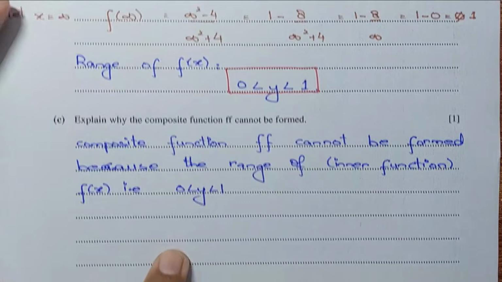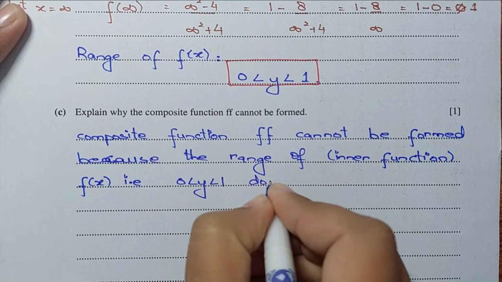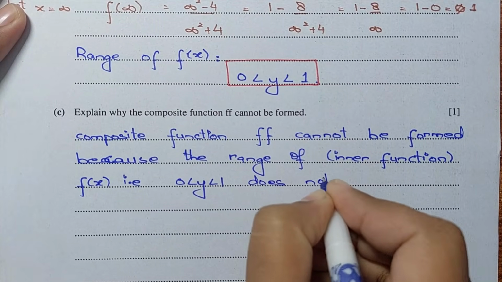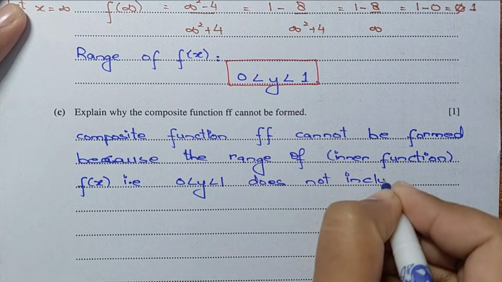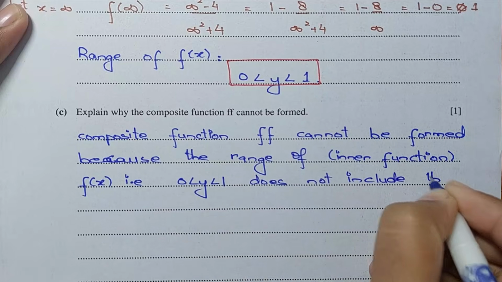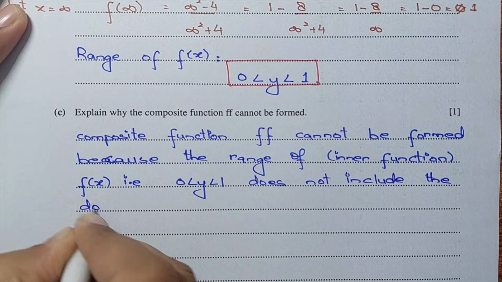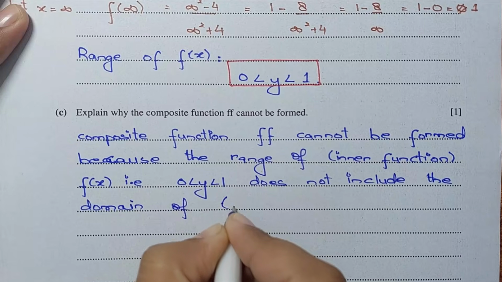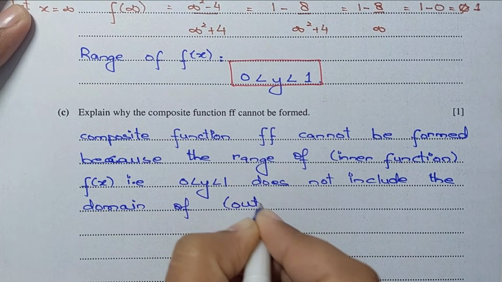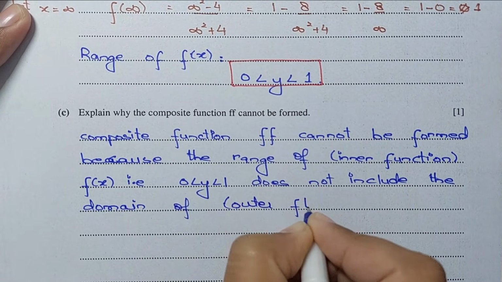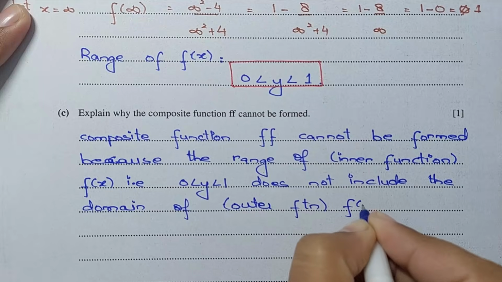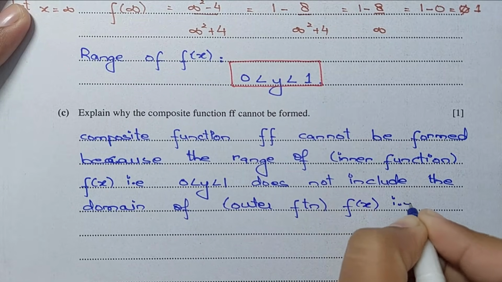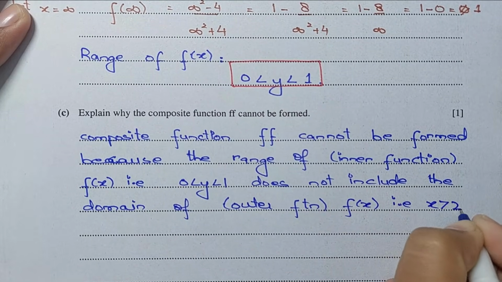this is the range of the inner function, does not include the domain of outer function. Domain of outer function is your f of x, that is x should be greater than 2.